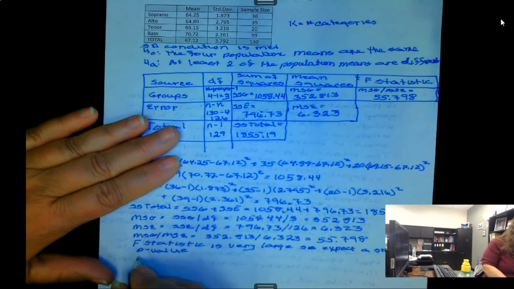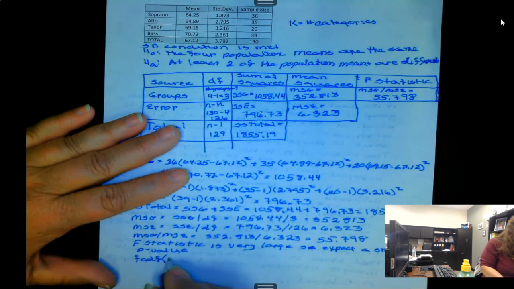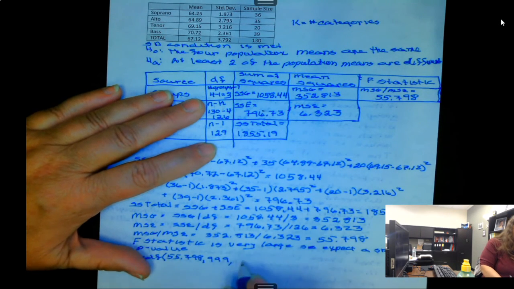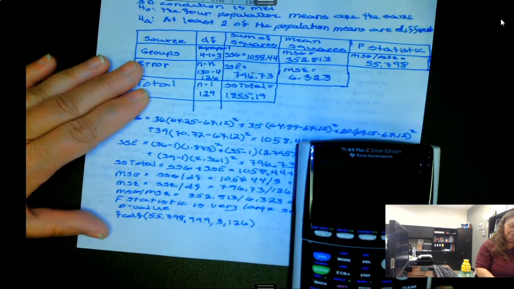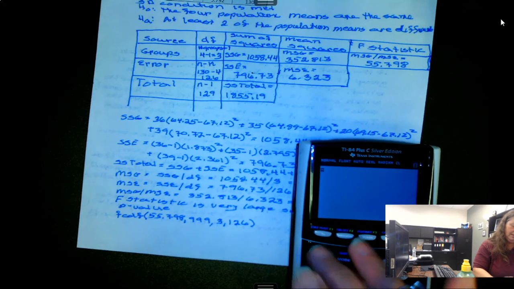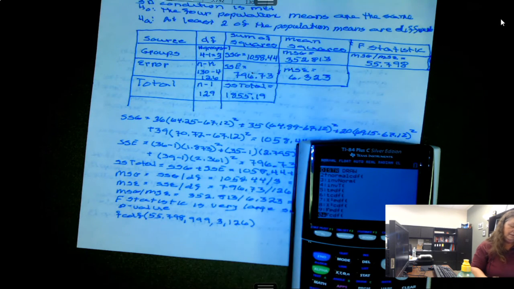So to get the p-value, we use FCDF. It's right tail, so it's our test statistic, 999, then our degrees of freedom for groups and degrees of freedom for error. So it's under second vars, FCDF.